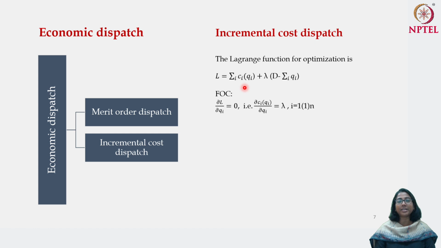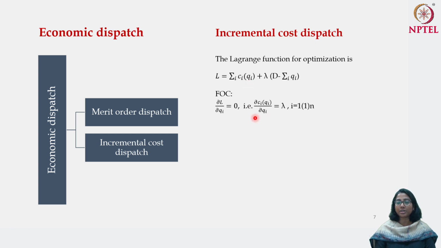But I am taking the derivative only with respect to Qi. If I take the derivative with respect to Q1, then C2(Q2), C3(Q3), all of these are constant. So what I am differentiating is only C1(Q1), if I am taking the differentiation with respect to Qi.